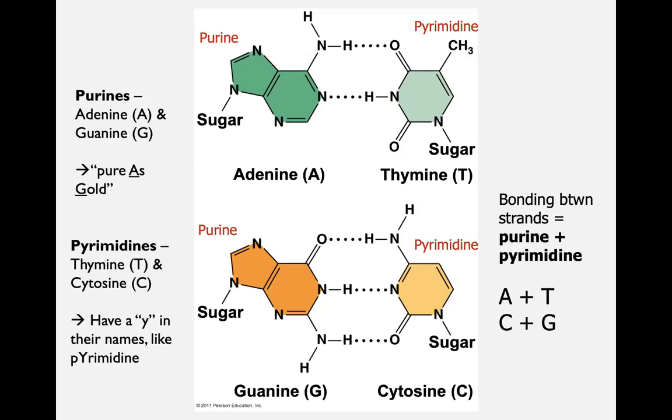A is not going to bond with G. It's always A plus T or C plus G. So if you know one half of the strand, you can predict what the other half is going to look like because you know exactly what those nitrogenous bases have to bond with. And that's essentially how DNA is built, just matching up the nitrogenous bases with the correct opposite part of the pair.